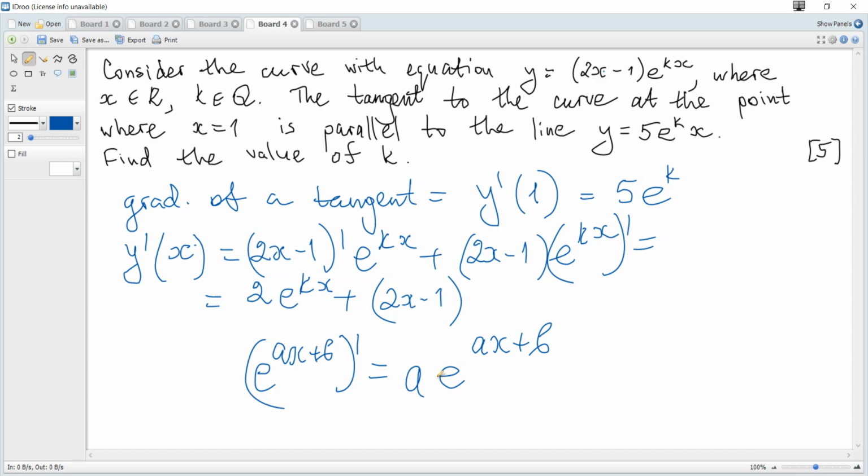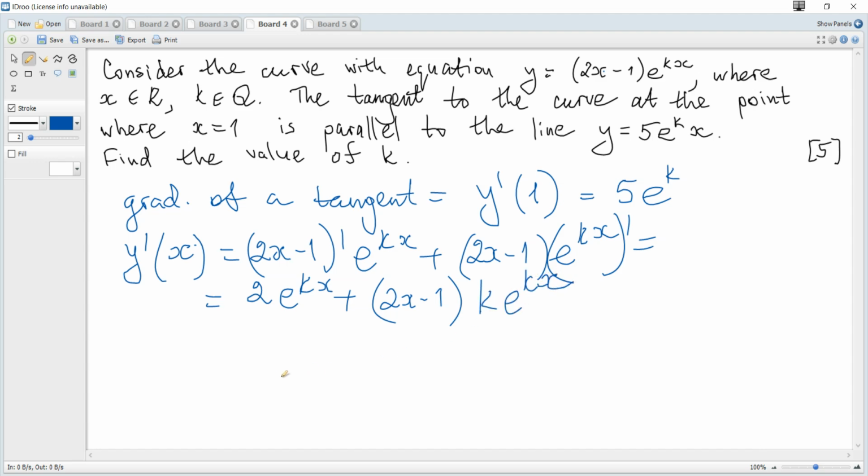We multiply by a, and here we can see that since it's kx, b is 0, so k arises. So anyway, this derivative is equal to k e to the power of kx.